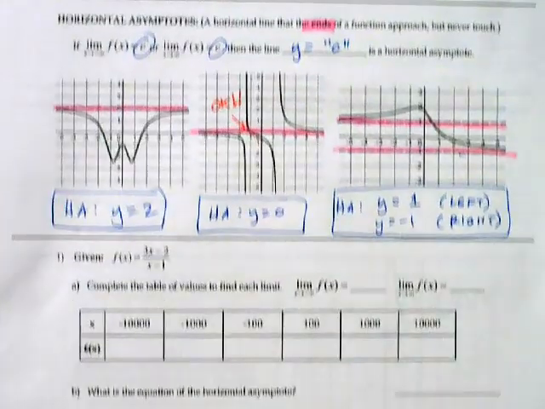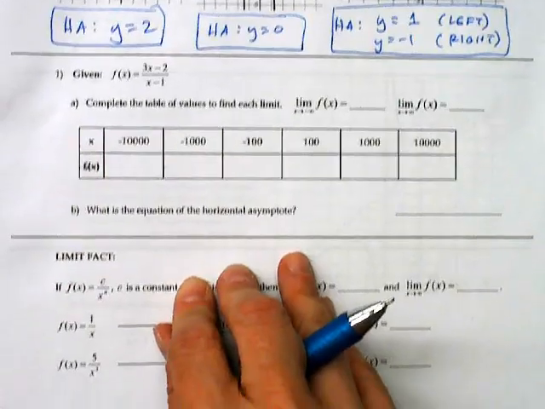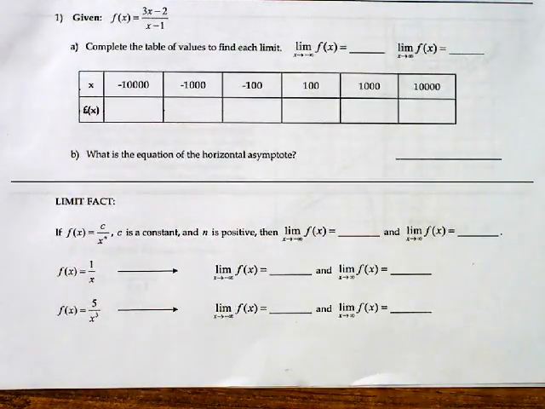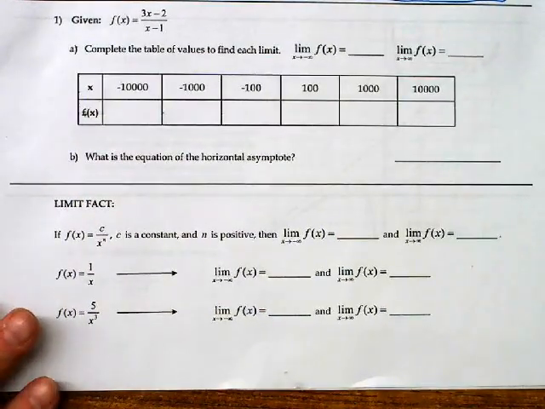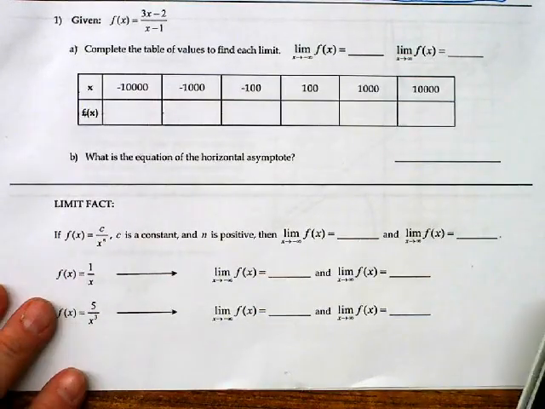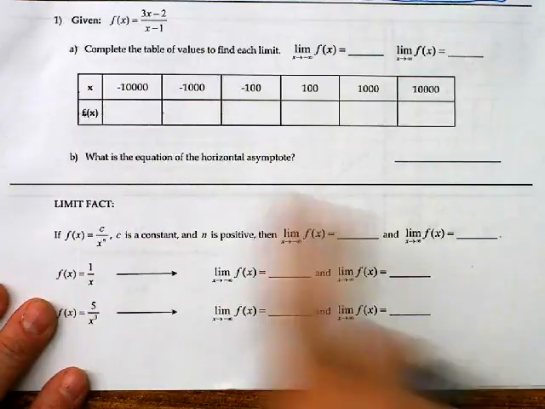However, we do wish to be able to come up with this information without having to go through the graphing process. So our next line of defense would be to consider a table of values to help us determine mathematically what these horizontal asymptotes could be. I have here a little table of values.